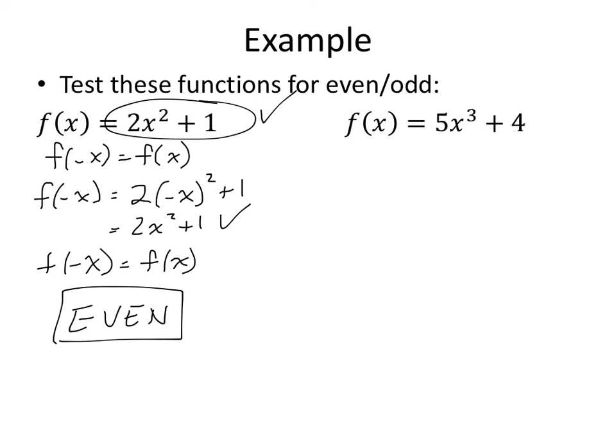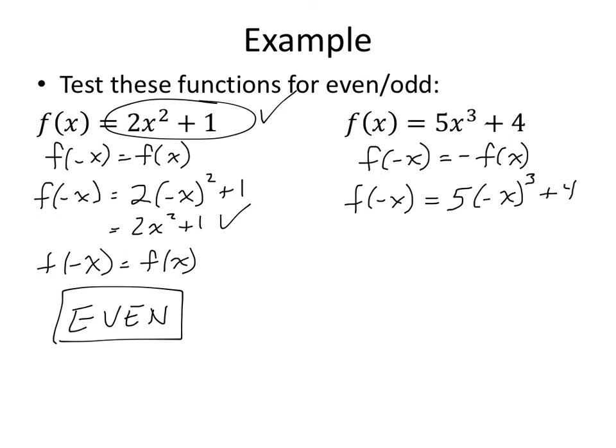Now, this next function, we've got 5x cubed plus 4. Because 3 is odd, we would test this to see if it's odd. Now, the test for odd is f of negative x should equal the negative of f of x. So let's find out what f of negative x will equal. And that is 5 times negative x cubed plus 4. Well, negative x times negative x is positive x squared, times another negative x is negative.